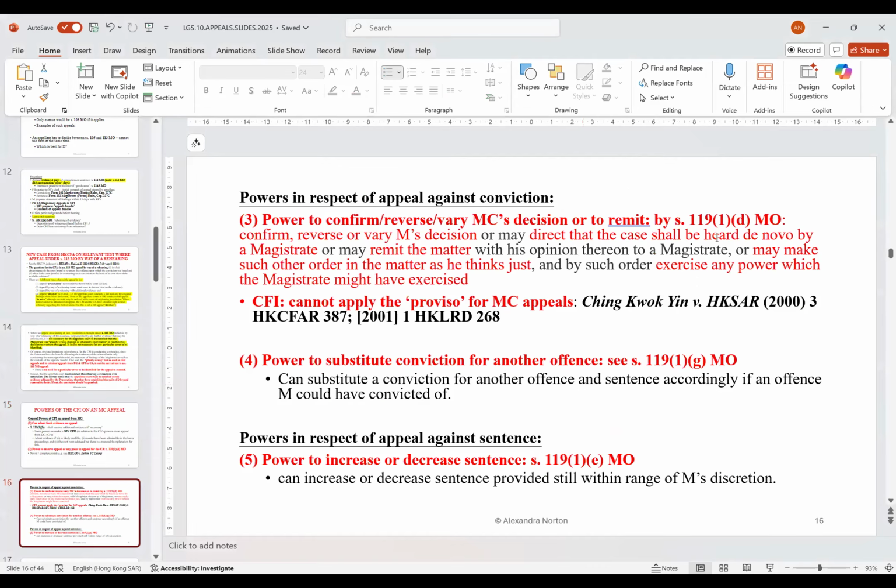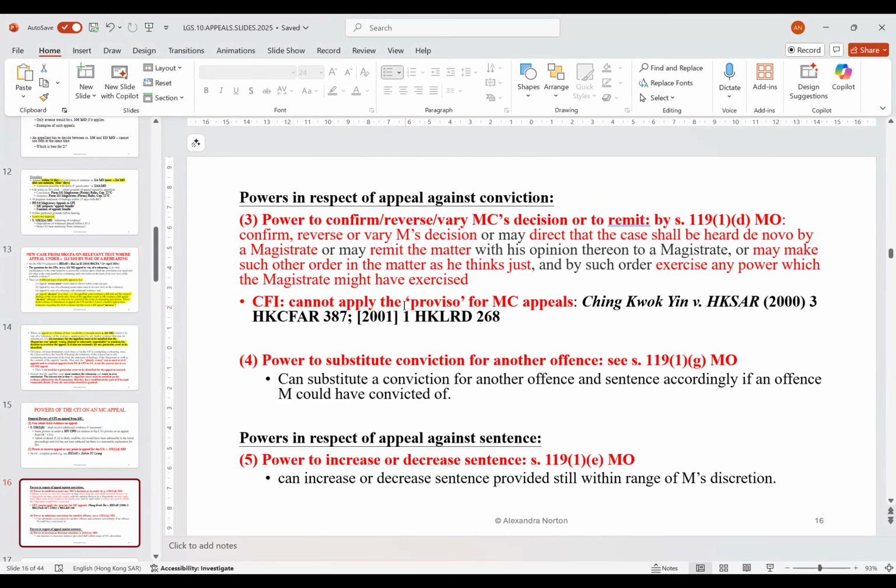So, for instance, they can order a retrial by the magistrate, and they can exercise any power that the magistrate could have made. Now, in the CFI, if it's an appeal from a magistracy decision, this power to apply the proviso does not apply. We'll look at the proviso when we get to appealing to the CA.